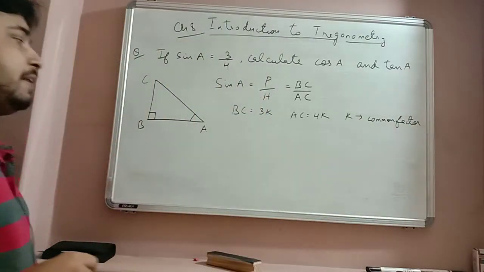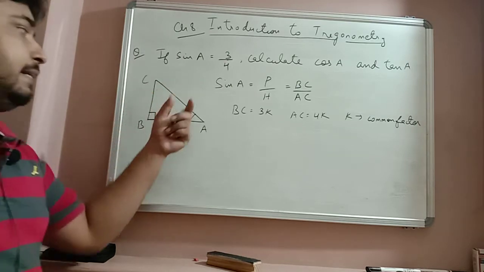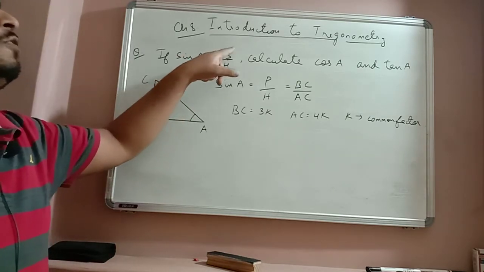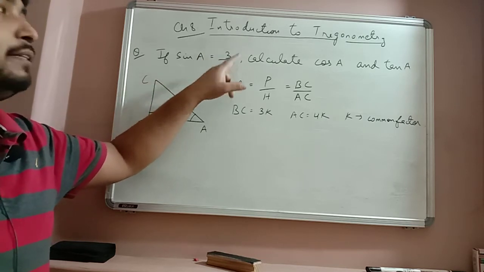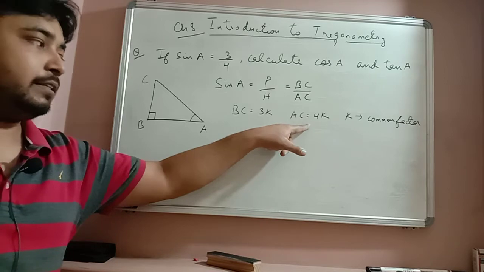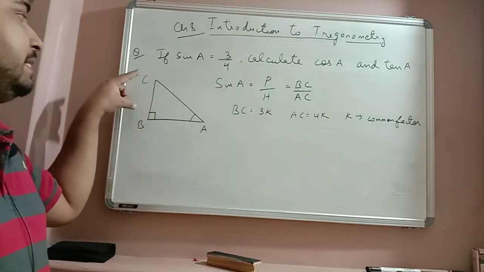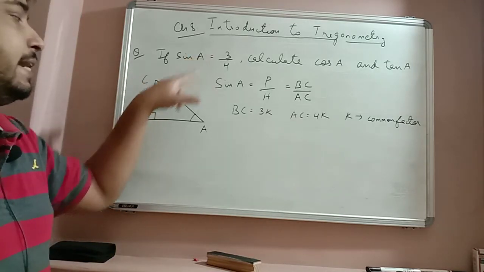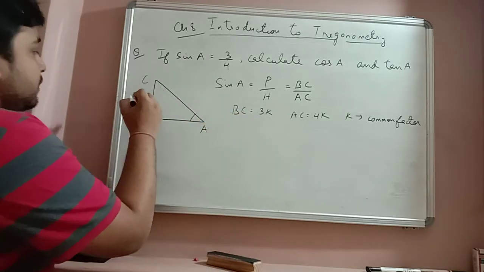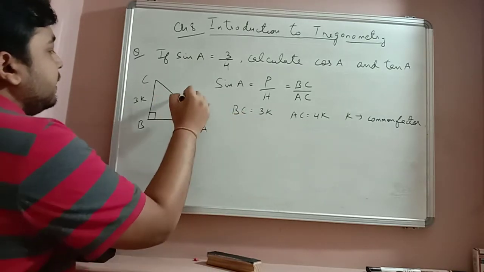Please remember that we cannot take exactly 3 and exactly 4 because this is a ratio. The sides can also be 6 and 8 and so on. Therefore I have taken this K as the common factor. So here we got BC, that is perpendicular, equal to 3K and the hypotenuse AC equal to 4K. So let me write down this 3K and this 4K.